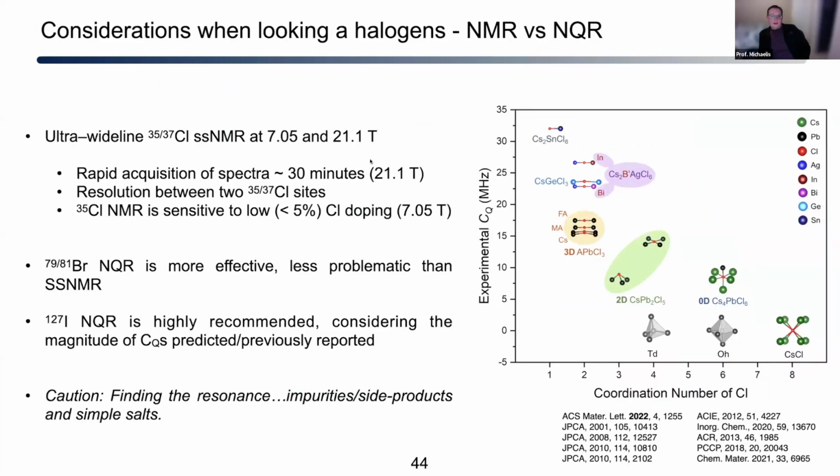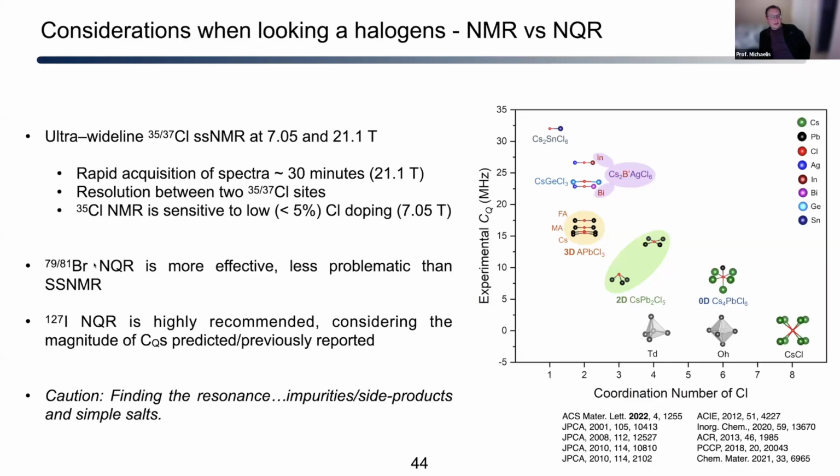And really quickly, what I want to emphasize here is that chlorine NMR, especially when you incorporate some of the ultra-wideline techniques demonstrated by Sherko, at down to 7 Tesla, so this is a 300 megahertz magnet, we can detect impurities down to about 5% chlorine, okay? And so if you're trying to look for dopants or impurities in these systems, this might be an attractive approach. Or if you want fairly rapid acquisition, you can go to higher fields, 8, 9, maybe a gigahertz, and get them in about 30 minutes. So that's a really nice way to go.